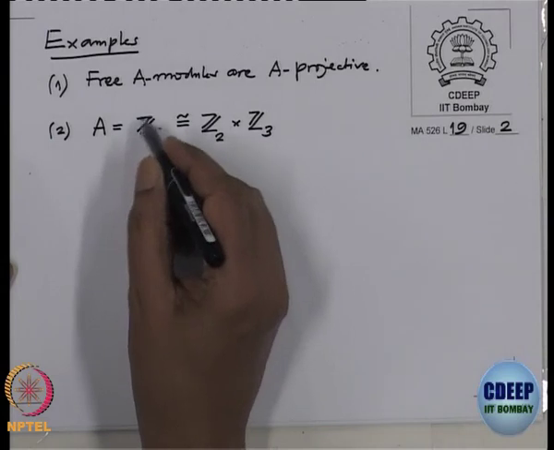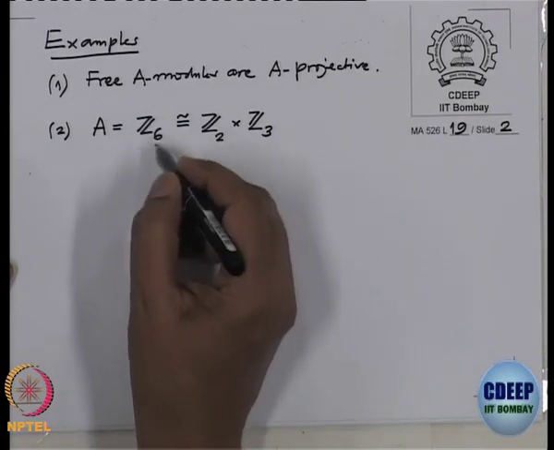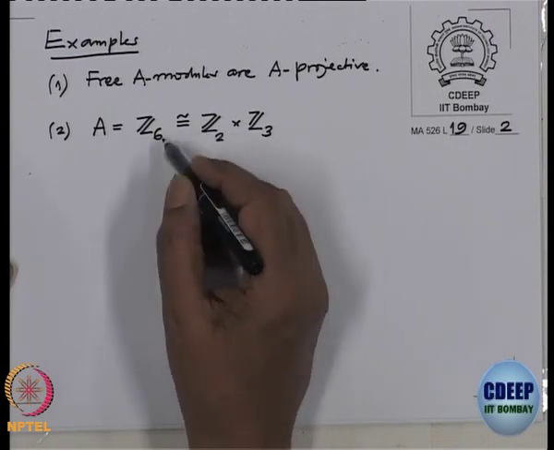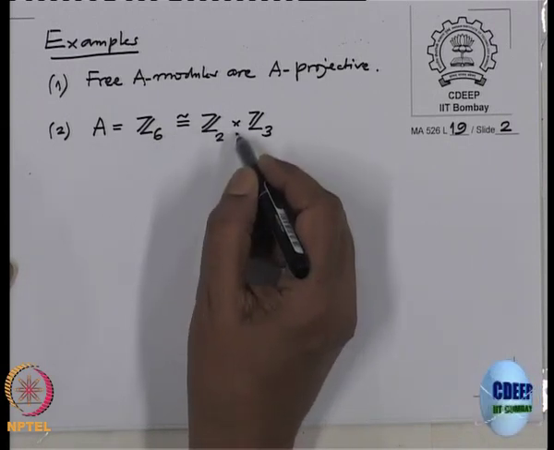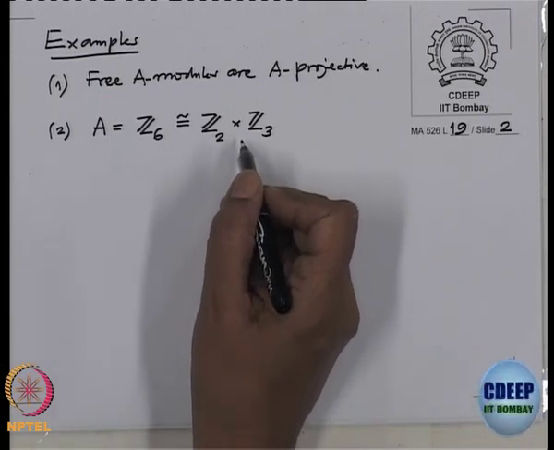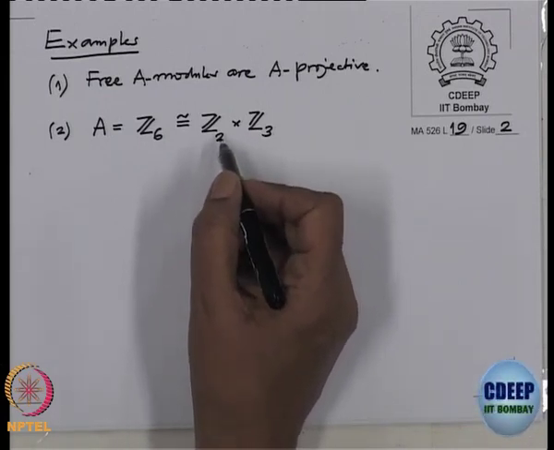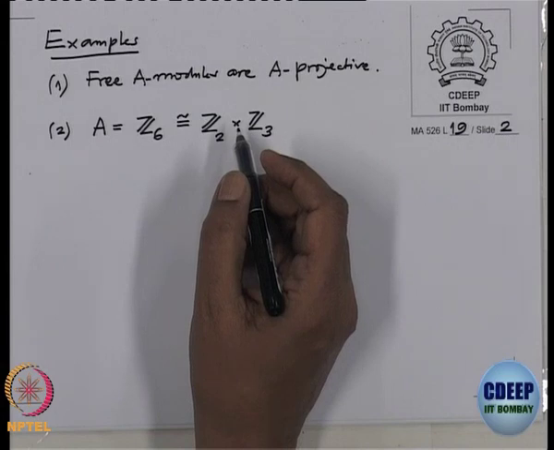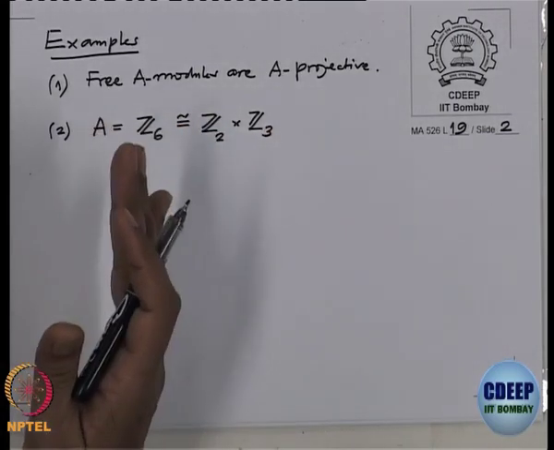So, therefore, A is a free module over itself, and this Z mod 2 as a module over Z mod 6 is a direct summand, but it can't be free, because if it is free, it will have a basis, and any free module will have cardinality equal to the cardinality of the base ring to the power of the rank of the module.